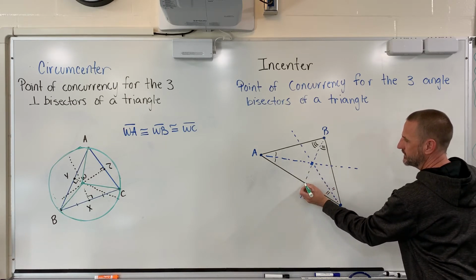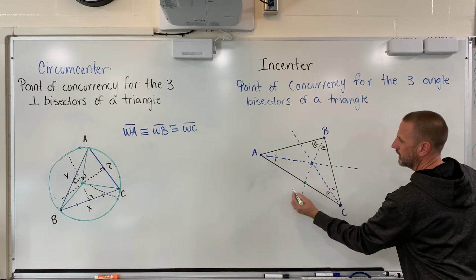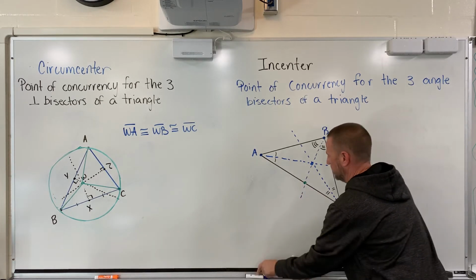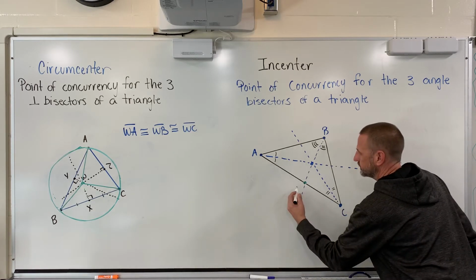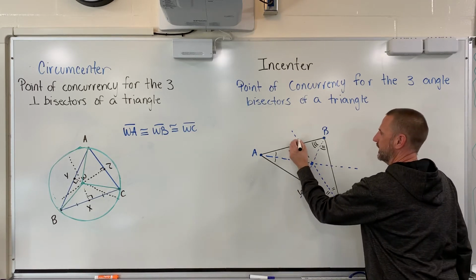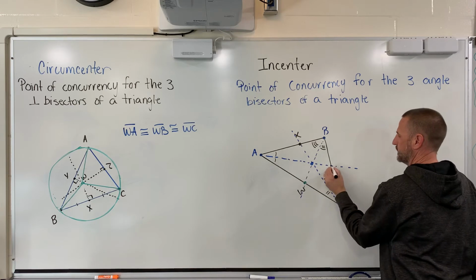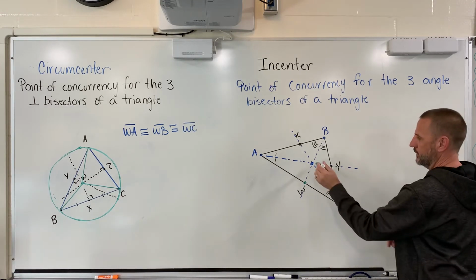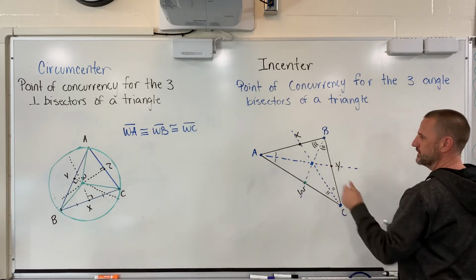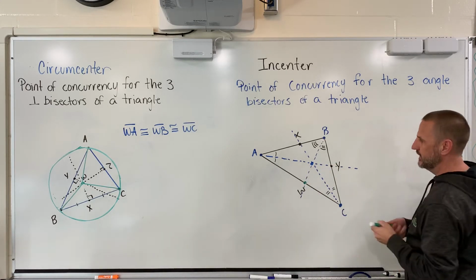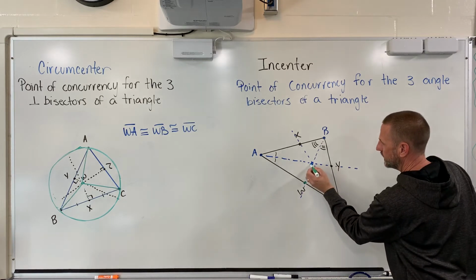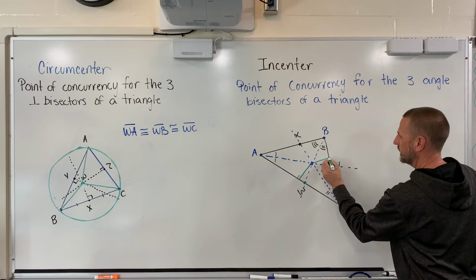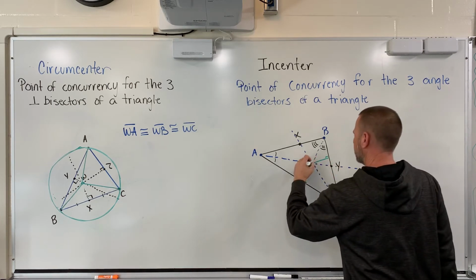So if we say, for example, this point right here, I call that W. And I call this one X. And I call this one Y. The distance from the center of the circle to the edge on all of these is going to be the same distance. Again, we measure distance at 90 degrees, but each of these comes out to be the same value.